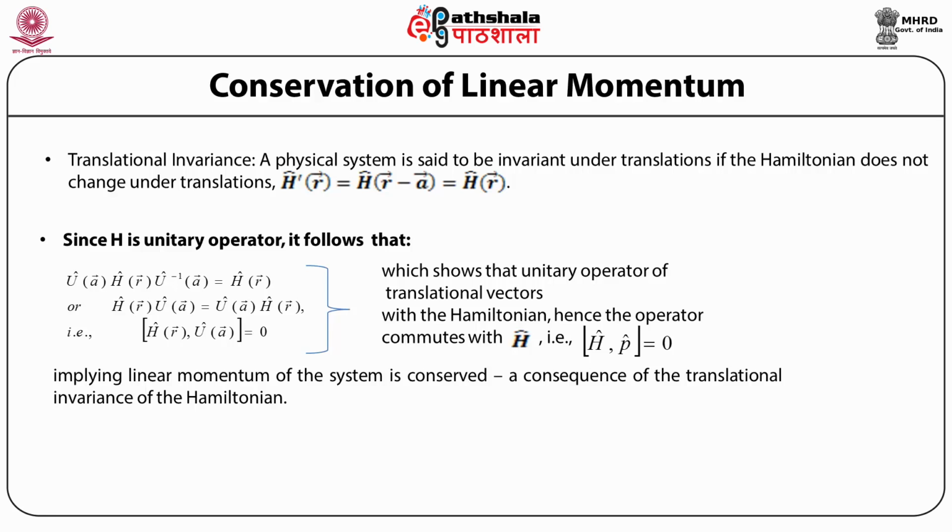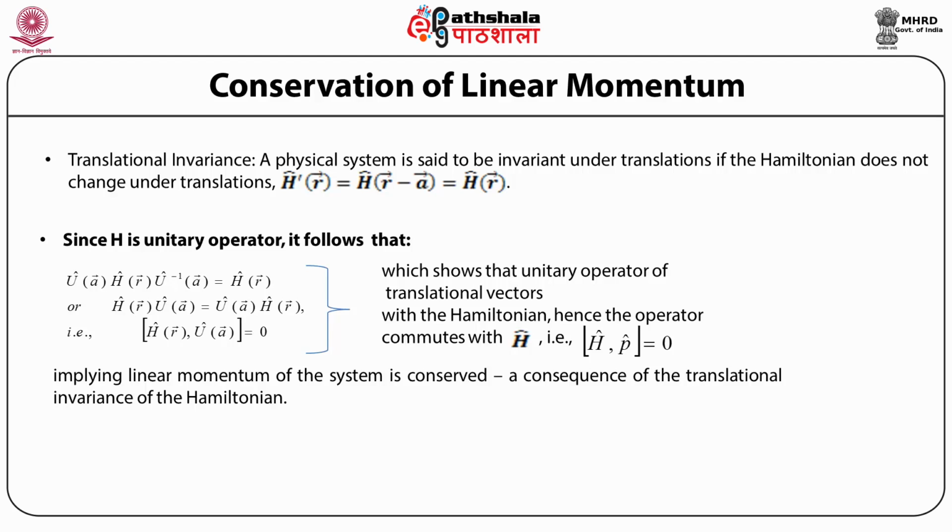Hence, the momentum operator P commutes with the Hamiltonian operator H. That is, the commutator of the Hamiltonian operator H with the momentum operator P is equal to 0. And since we know that if the Hamiltonian operator commutes with any physical observable, then that physical observable is conserved.